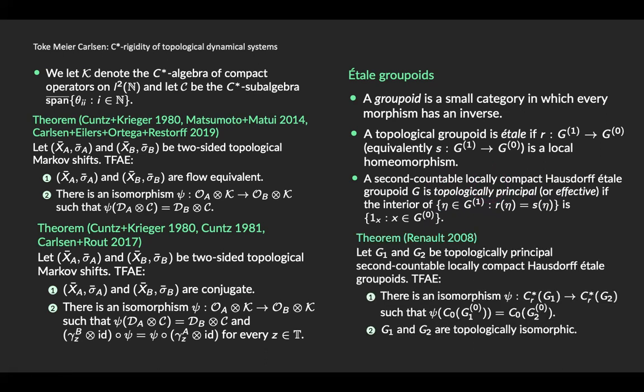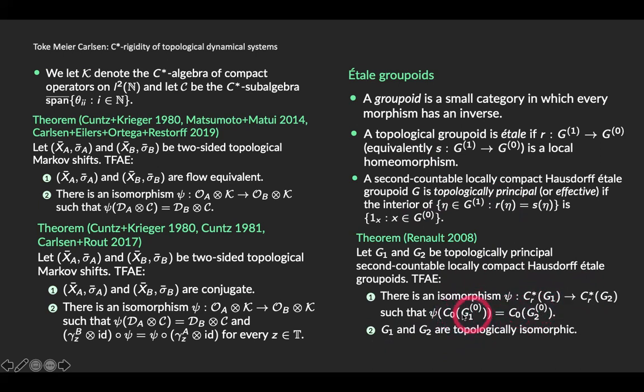And in 2008, Jean Renault, who is the father of the theory of C-star algebras of topological groupoids, proved, building on work by Alex Kumjian, that two topological principal, second countable, locally compact Hausdorff étale groupoids are isomorphic, in a topological sense, or by an isomorphism that is also a homomorphism, precisely when there is an isomorphism between the reduced C-star algebras of the two groupoids that maps C0 of the unit space onto C0 of the other unit space.